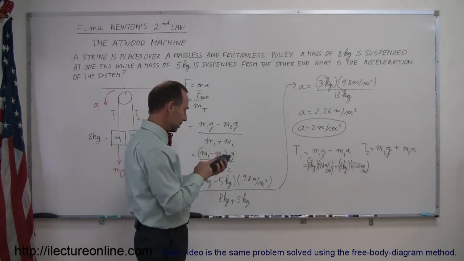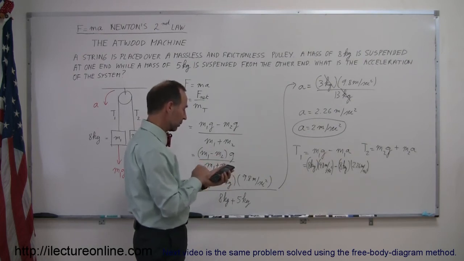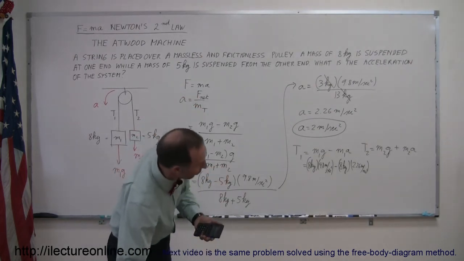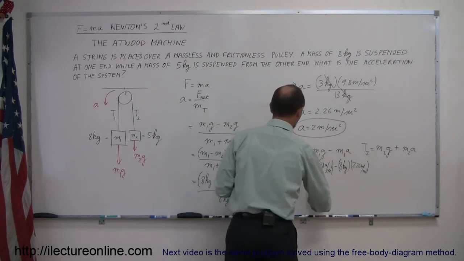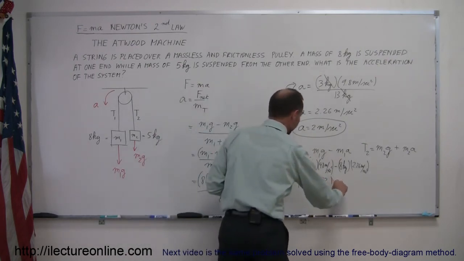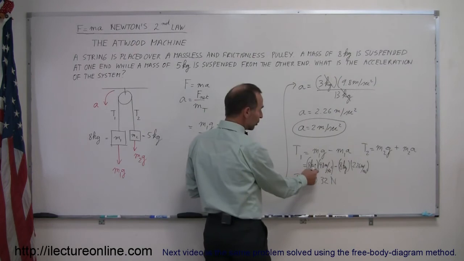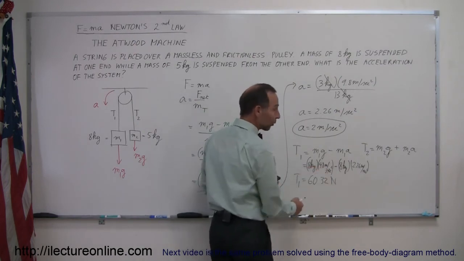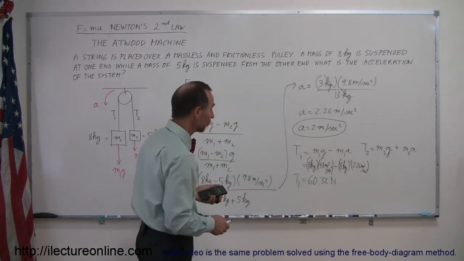So it's 9.8 minus 2.26 times 8. Oop, let me do that again, something didn't work. 9.8 minus 2.26 equals, and then multiply times 8 equals, and we get 60.32. So this is equal to 60.32. And of course, since tension is a force, the units in this case are newtons. And notice the units, kilograms, meters per second squared, is indeed the units of newtons.